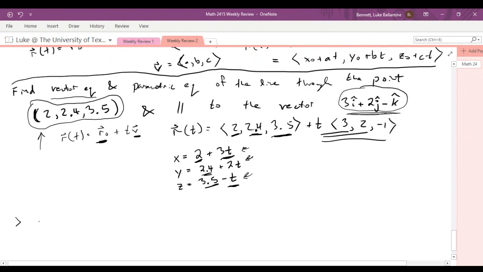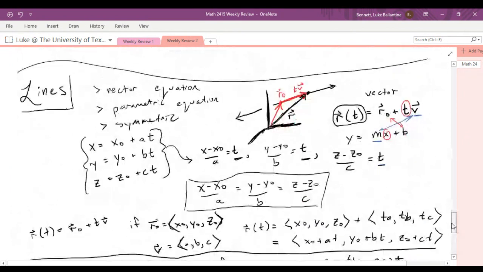So let's find the vector parameterization. Yeah, so t would be like the scaling of the slope vector.